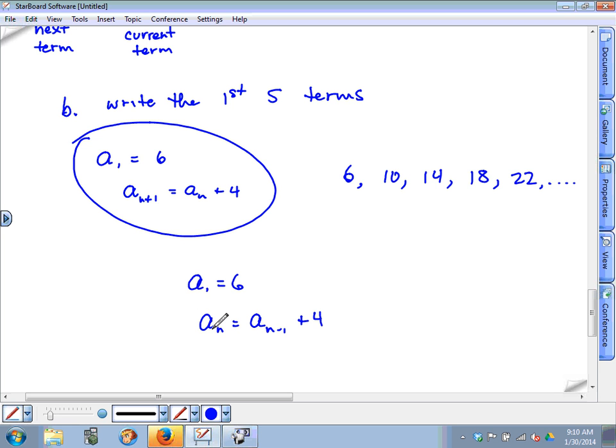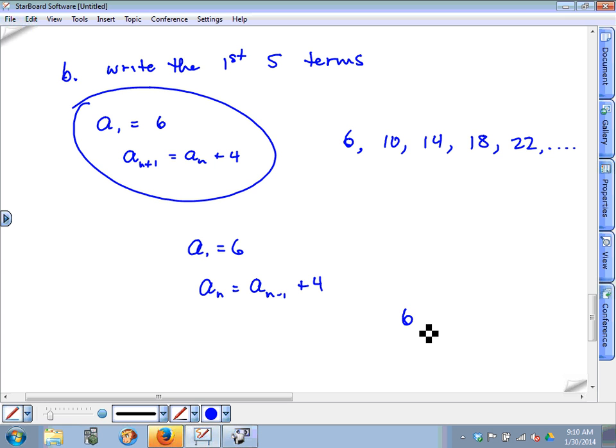The term that you want to find is the term in front of it plus 4. That's what they're talking about with this formula. For example, if the first term is 6, aren't we searching for the next term after that, which would be a sub n? So they're saying to find a sub n, you go to a sub n minus 1, which is the term in front of it. So if you go to the term in front of it, that's 6. If you add 4, you get 10. Different way of describing the same thing.